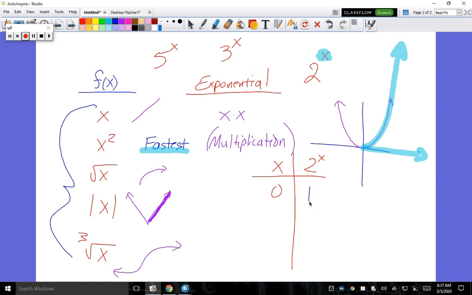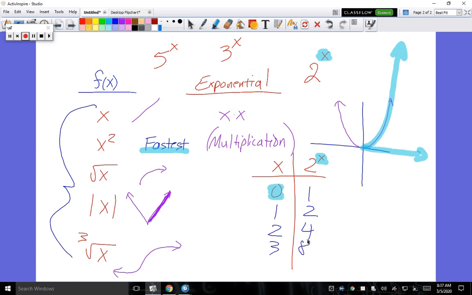It would be 1. What if x, and when I say if x was 0, guys, I'm talking about this x is 0. You with me? What if x was 1? What would it be? 2. What would if x was 2, what would it be? 4. Here we go. What if x was 3? 8.